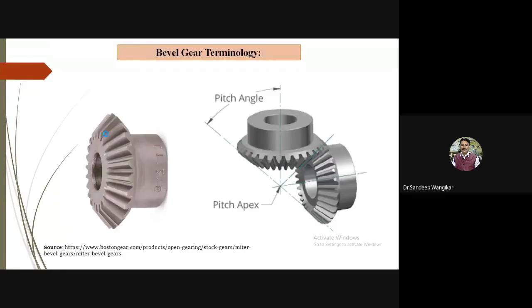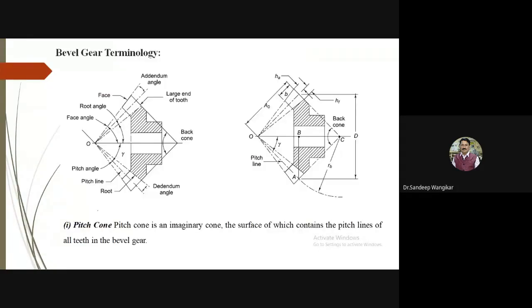If I refer to the figure, and I highlight one center line drawn like this, you can see this is the bottom or root side, and this is the top side. The center lines are drawn from this side to this side, so you can clearly observe what is the root and what is the face.